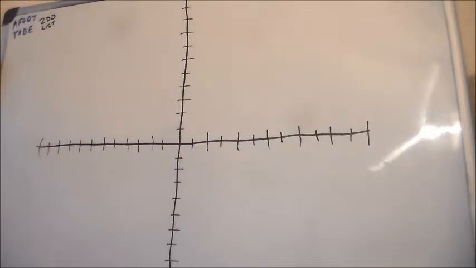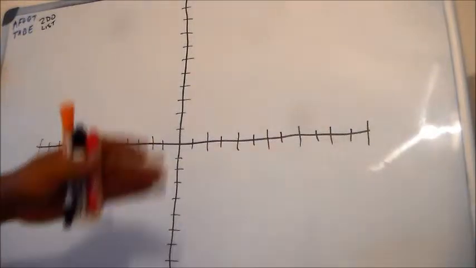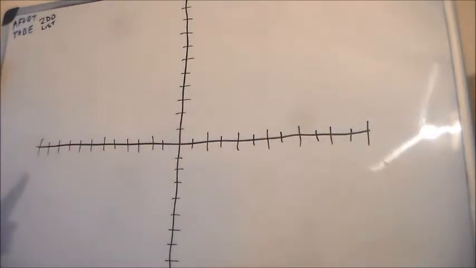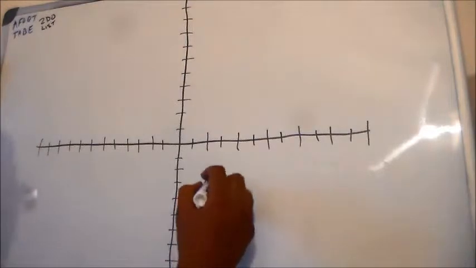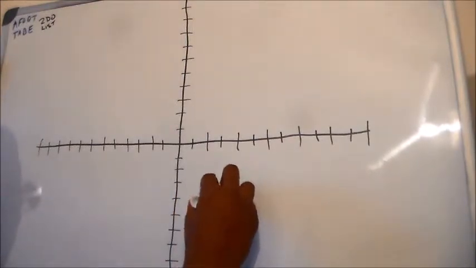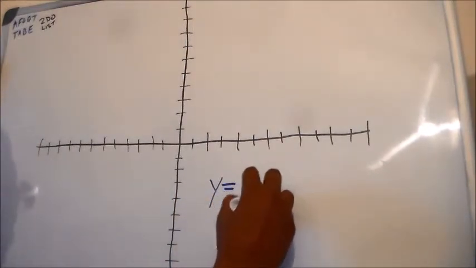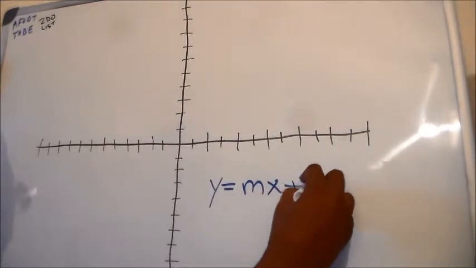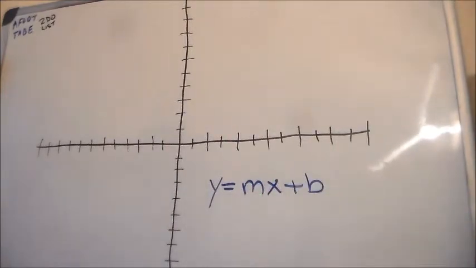Okay, so moving right along. The graphing method. In order to use the graphing method, the linear equations are going to have to be in what we call slope-intercept form, which is y equals mx plus b. Now, why do we want it in this simple format?